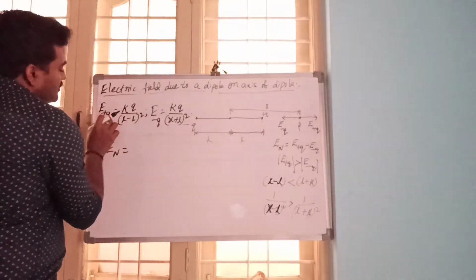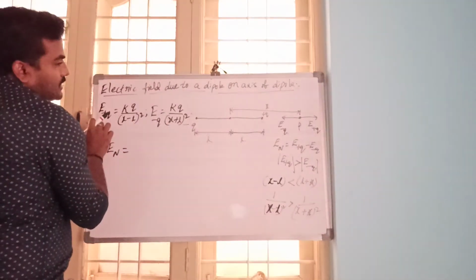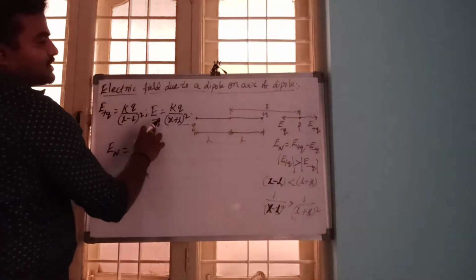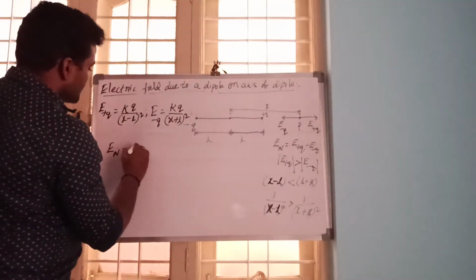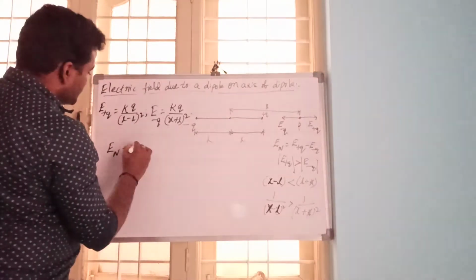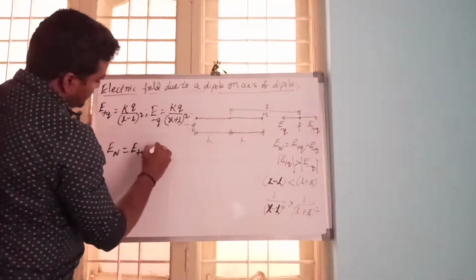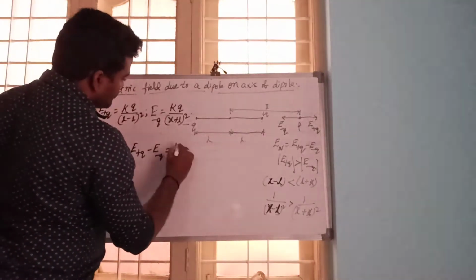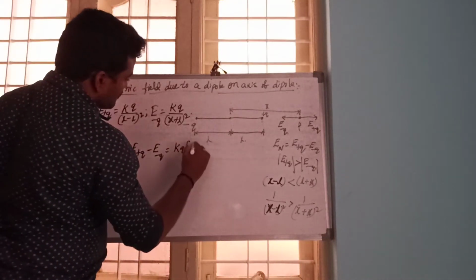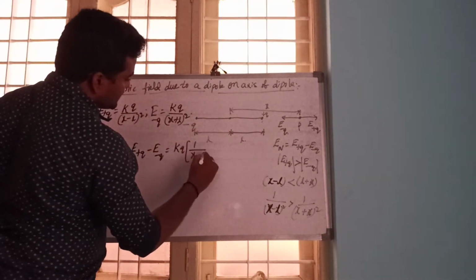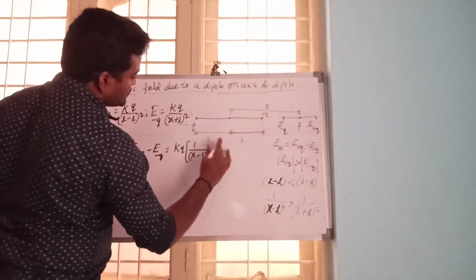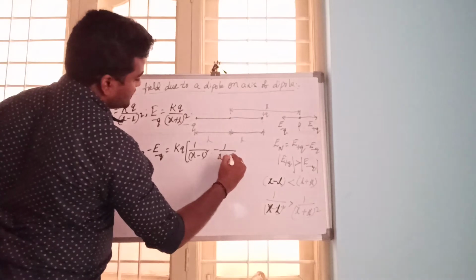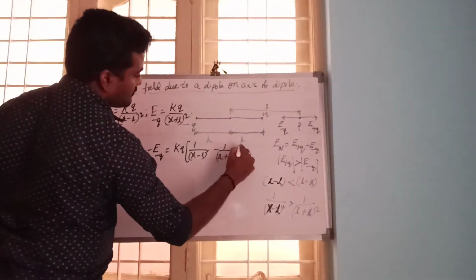The electric field due to the positive charge is more compared to that due to the negative charge. So E plus q minus E minus q is kq constant, 1 by (x minus L) whole square minus 1 by (x plus L) whole square.